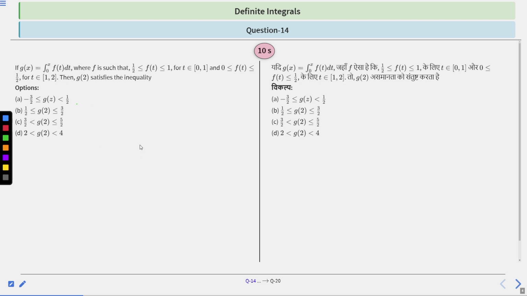In this way we'll get the value of g2, and we'll check the interval in which g2 is lying. Clear? So in this way we will approach this question. You have 10 seconds to solve or think about this question. After 10 seconds we will discuss the solution.